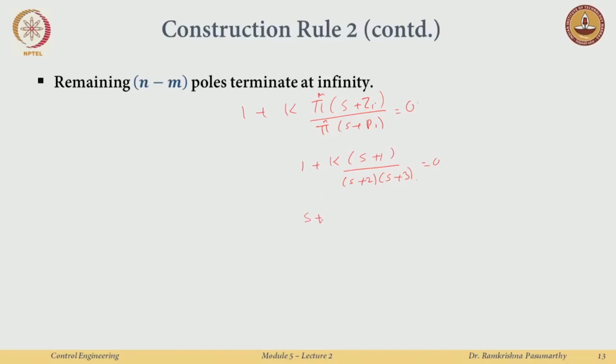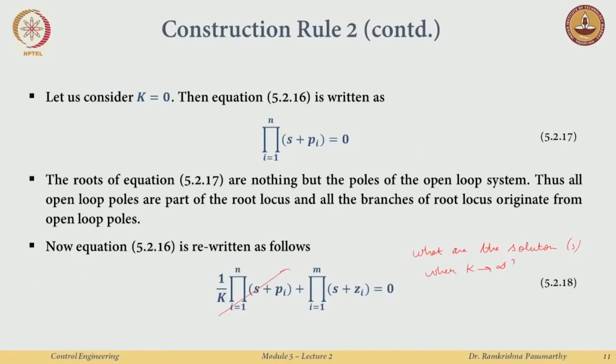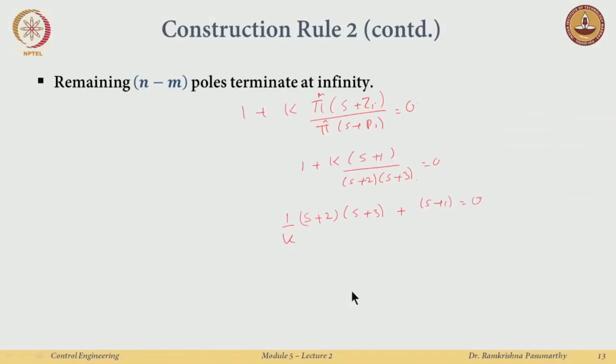This is 1 over k times (s plus 2)(s plus 3) over (s plus 1) equal to 0. This is exactly what we had: 1 over k times the product of the poles and zeros should equal 0. For sure one solution is s equal to minus 1 as k goes to infinity, because this term disappears and I am just looking at this solution.